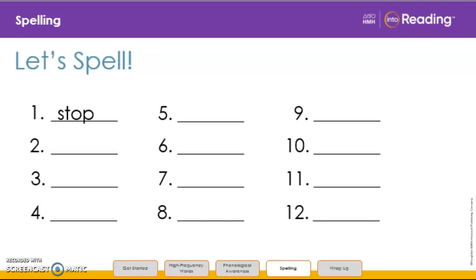All right. The next word is step. Step. The baby took his first step. Number 2 is step. The next word is strap. Strap.